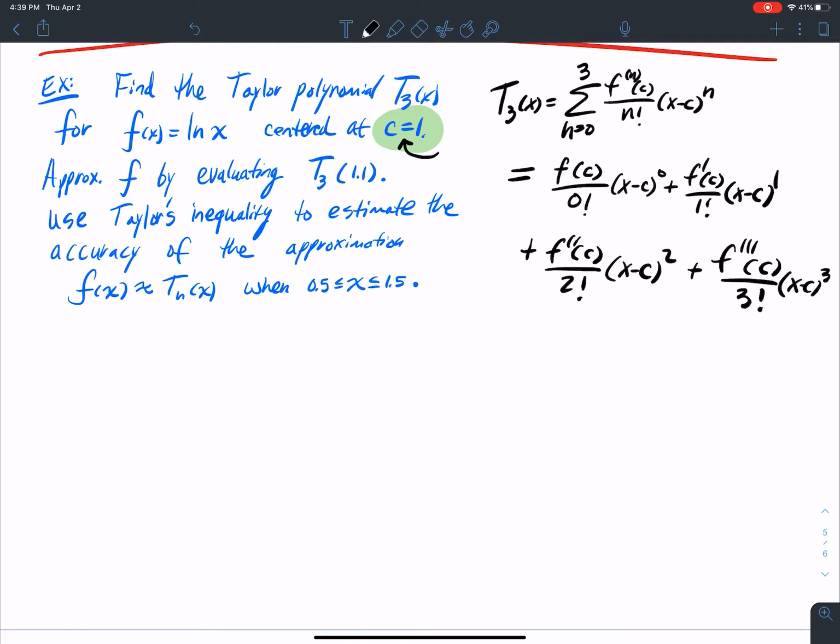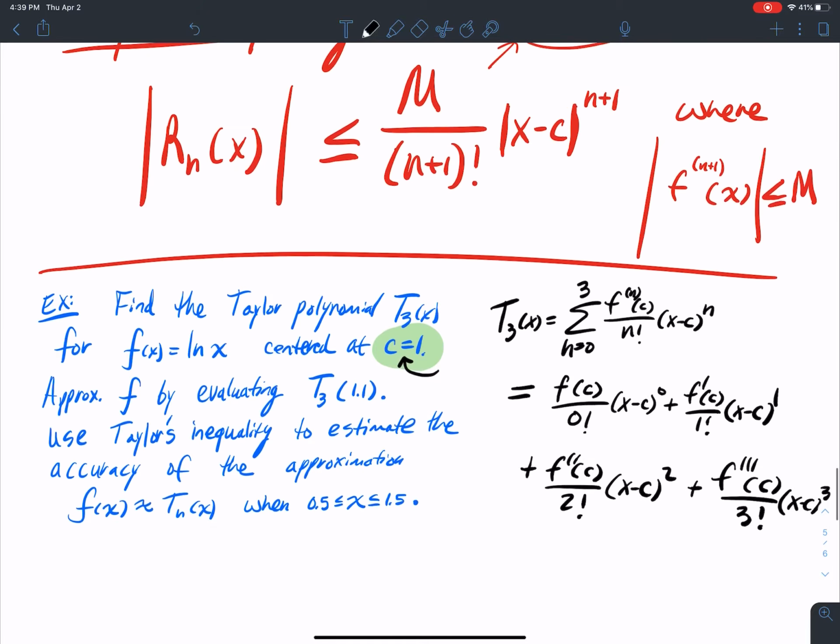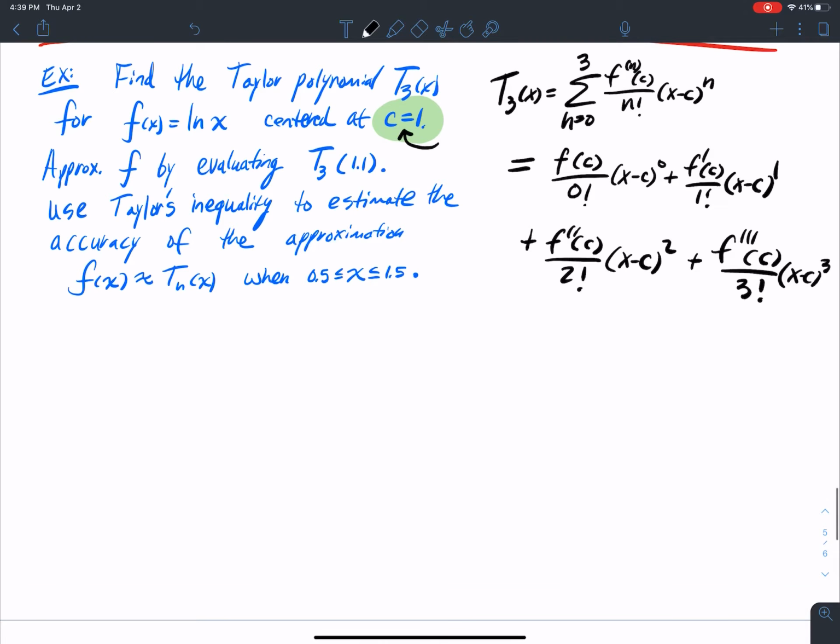So what do I need to do? I need to figure out what f is. Well, f of x is ln x, right? If I do my little table, I've got n equal to 0, the nth derivative, and then the nth derivative evaluated at 1.